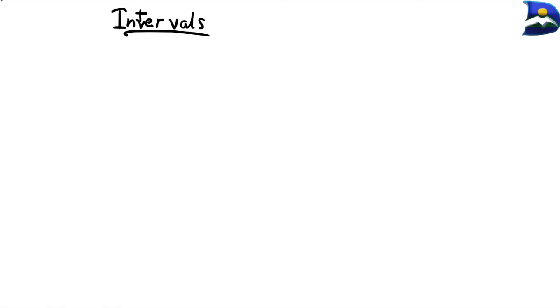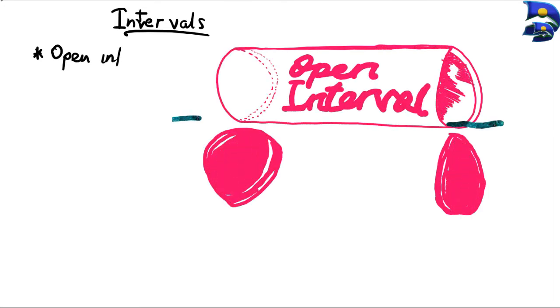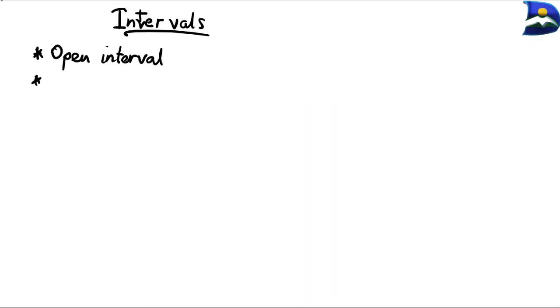And so first, before we actually dive into this, is to produce an overview of what we are going to talk about. First, you're going to explore what it means when we talk about open intervals and how this is different from closed intervals.